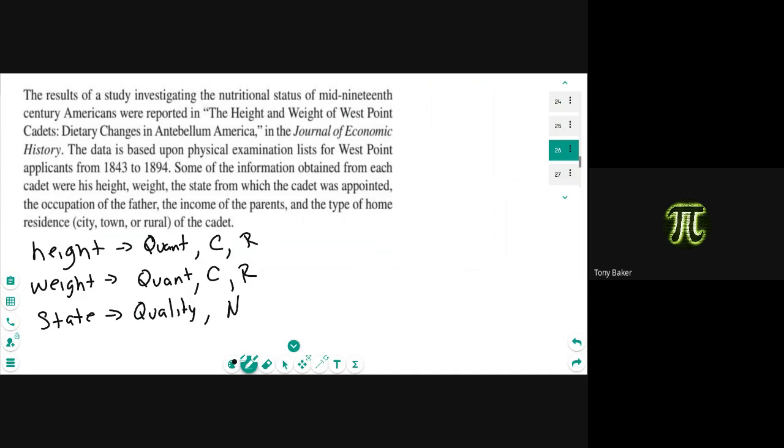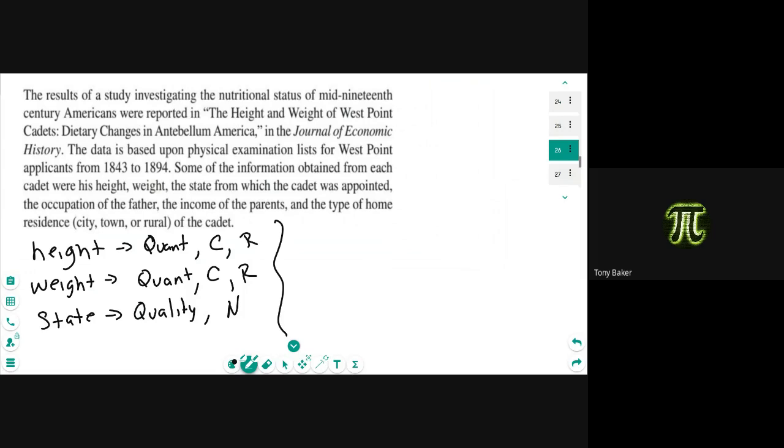The state is qualitative, and it's nominal. Putting the states in order doesn't really mean anything. I can put them alphabetical, or I can put them by the time they joined the union. This one's not going to ask you that second piece. In this case, it's neither because it's not discrete or continuous.